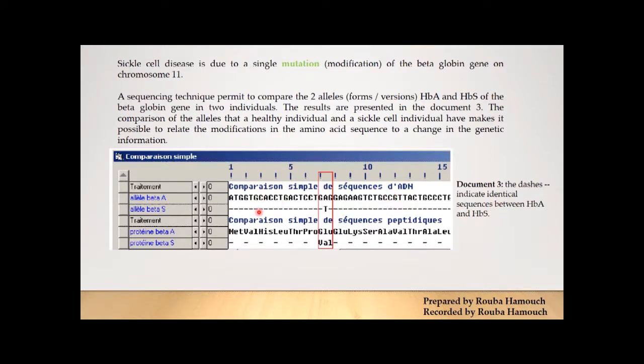So these two alleles are identical for all codons except for codon position 7, where the second nucleotide A in the allele beta A is replaced by T. In parallel, the two proteins beta A and beta S are similar for all amino acids except for the amino acid in the same position, which is position 7, where glutamic acid is replaced by valine.